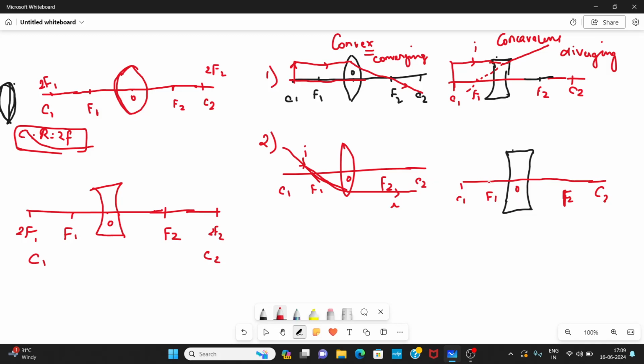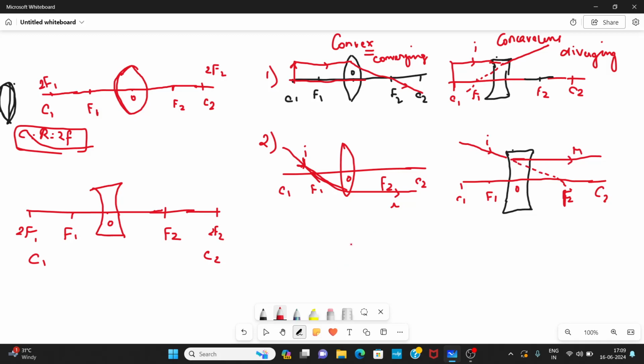So as such, it does not pass through this focus, but it appears to pass through this focus. So actually the incident ray here appears to have passed through the focal point F1, whereas here it appears to pass through the focal point F2, and the refracted ray is actually parallel to your principal axis.